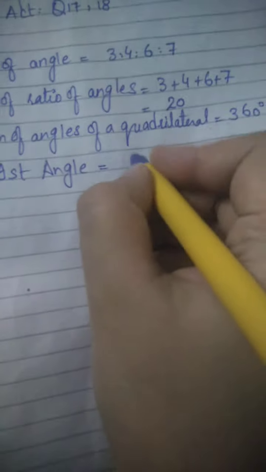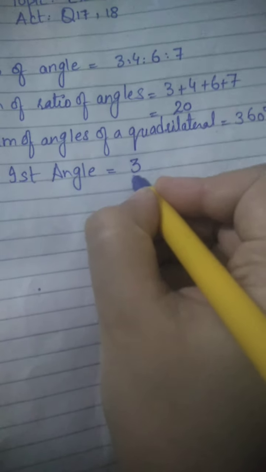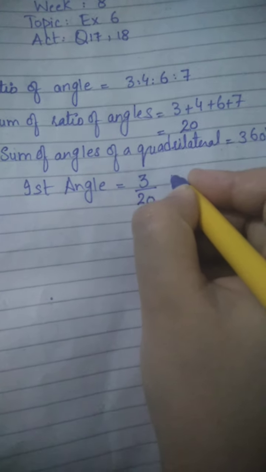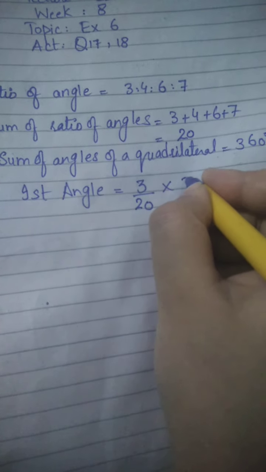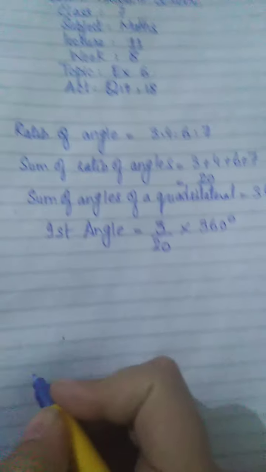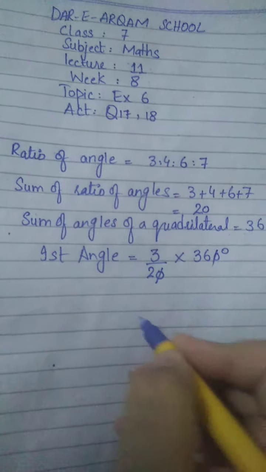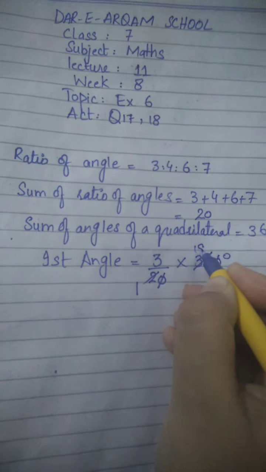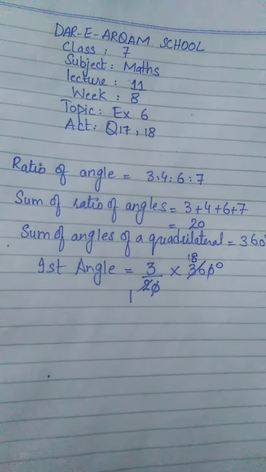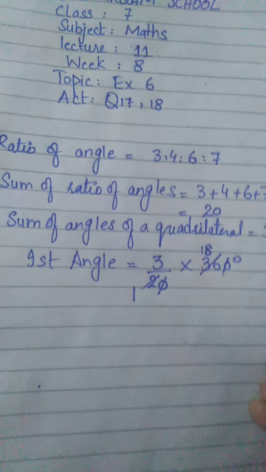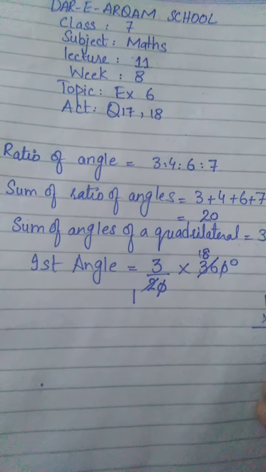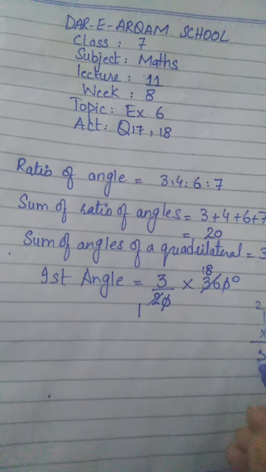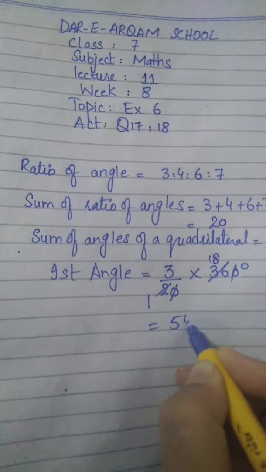Simply write the first ratio divided by the sum of ratios, and multiply by the sum of angles of the quadrilateral, which is 360 degrees. Now here 0 will cancel with 0, 2 ones are 2, 2 eights are 16. Now multiply 18 with 3 in the rough work. 8 ones are 8, 8 twos are 16, 8 threes are 24, 3 ones are 3, 4 and 5, 54. So the first angle is 54 degrees.